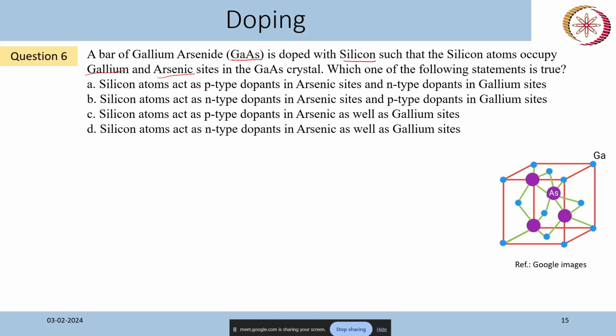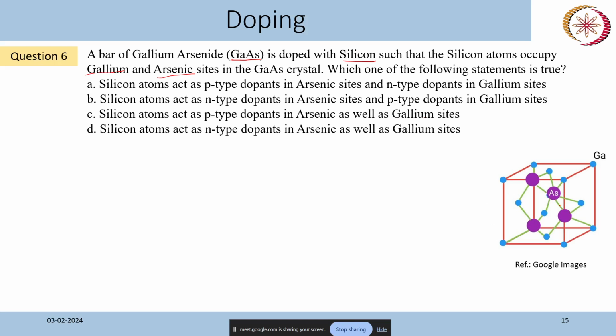Silicon atoms act as p-type dopants in arsenic sites and n-type dopants in gallium sites, or silicon atoms act as n-type dopant in arsenic site and p-type dopant in gallium site, or silicon atoms act as p-type dopants in arsenic as well as gallium sites, and n-type dopant in arsenic as well as gallium sites. So what will be the correct answer?